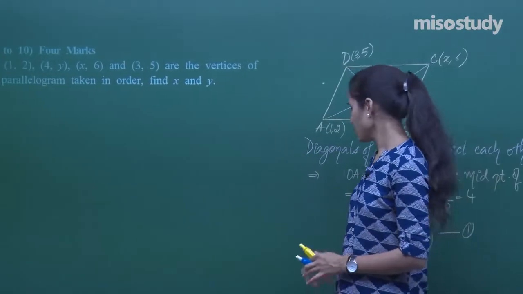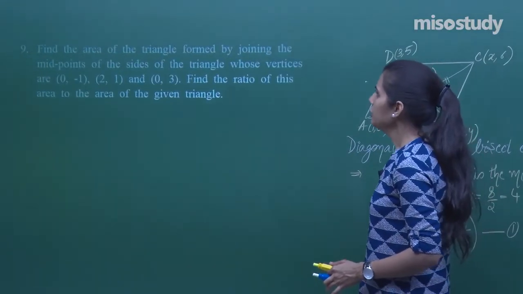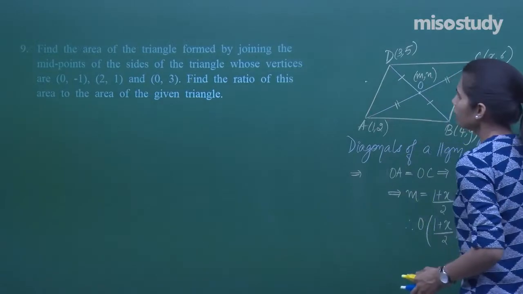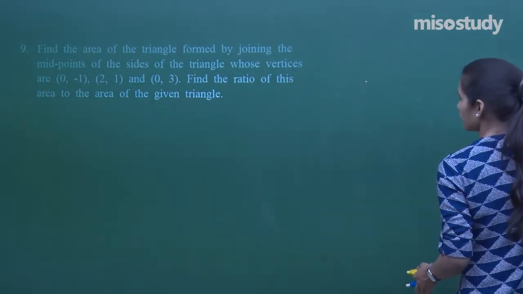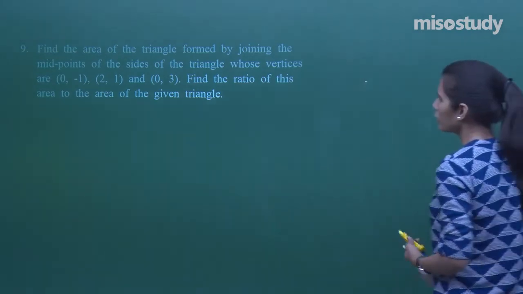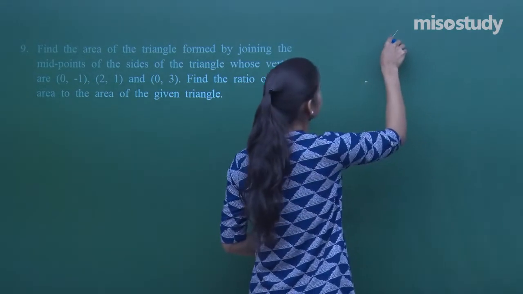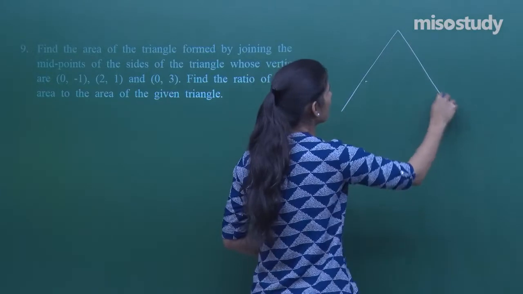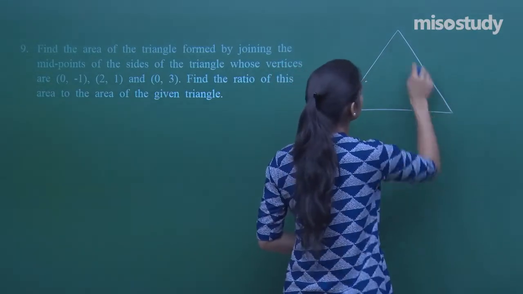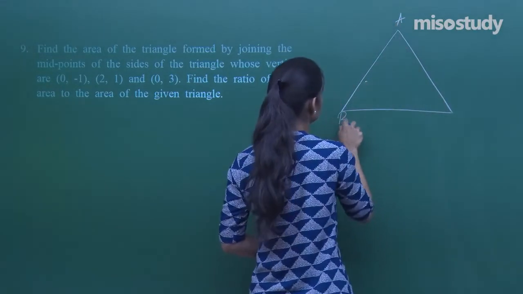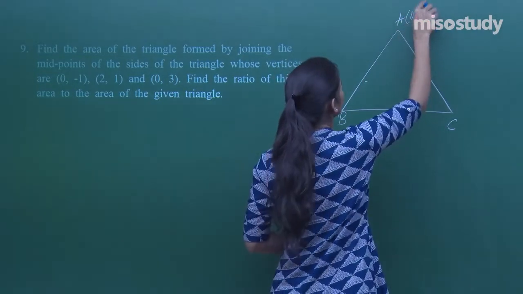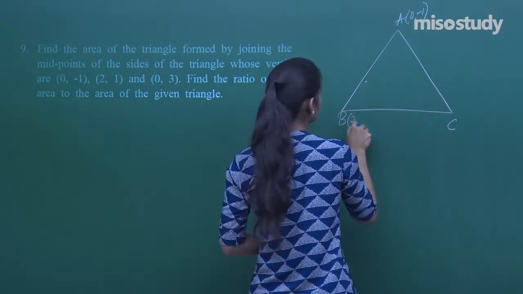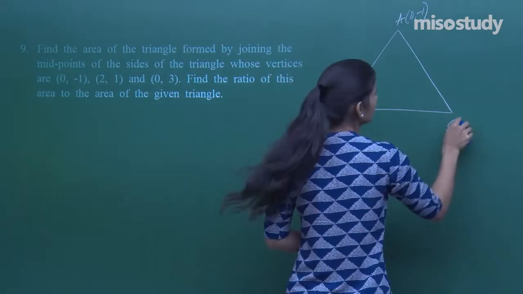Fine. Next question says: find the area of the triangle formed by joining the midpoints of the sides of the triangle whose vertices are these. Okay, so there is this triangle whose vertices are given to you: (0, minus 1), (2, 1), (0, 3).